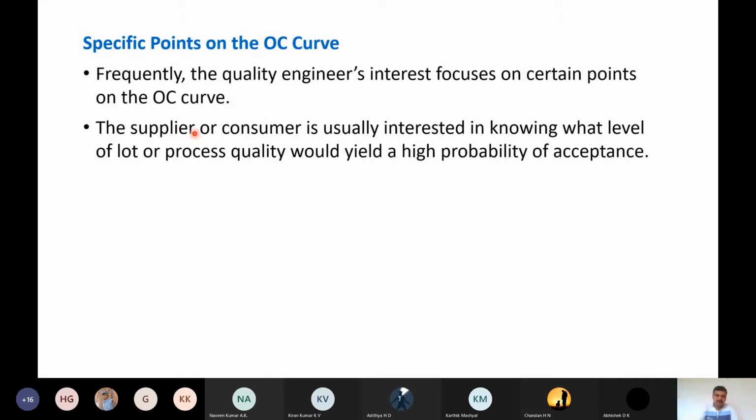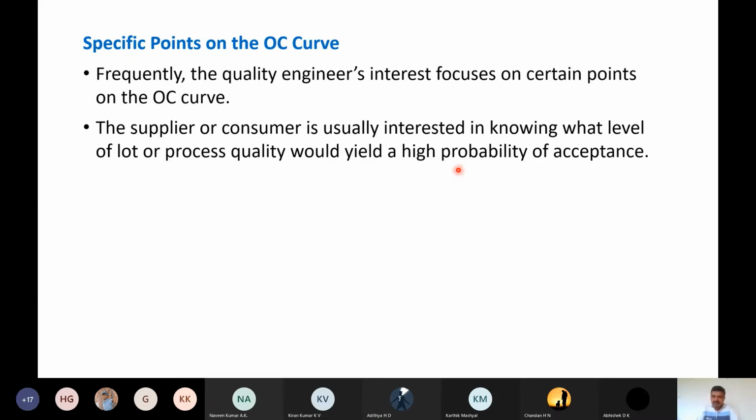The supplier or consumer is usually interested in knowing what level of lot or process quality would yield a high probability of acceptance. If someone is ready to accept poor quality products, suppliers also don't worry much about quality; they will supply since the consumer is ready to accept.